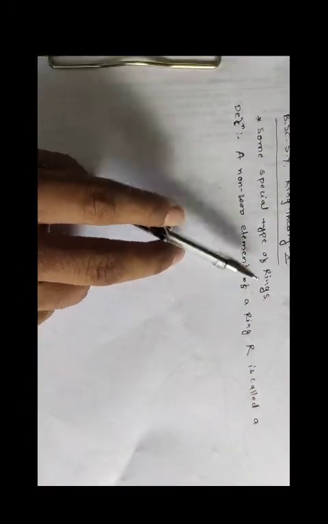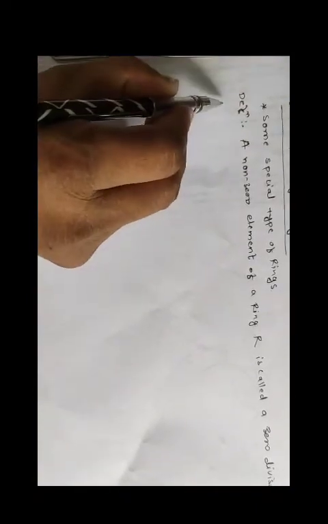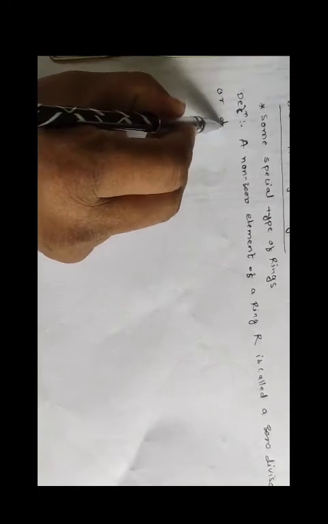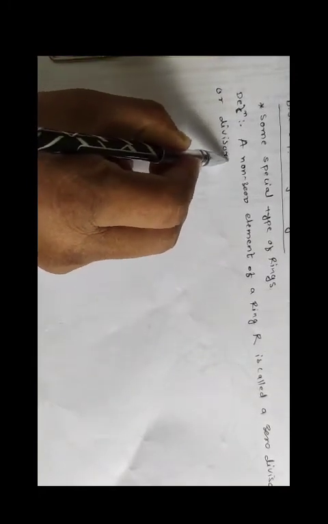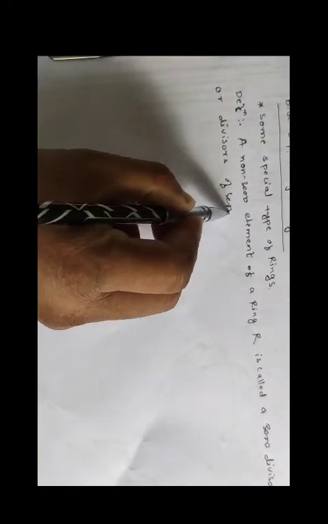See here some special type of rings. Definition: a non-zero element of a ring R is called a zero divisor. See, what is the definition of zero divisor, or a divisor of zero, or divisors of zero?